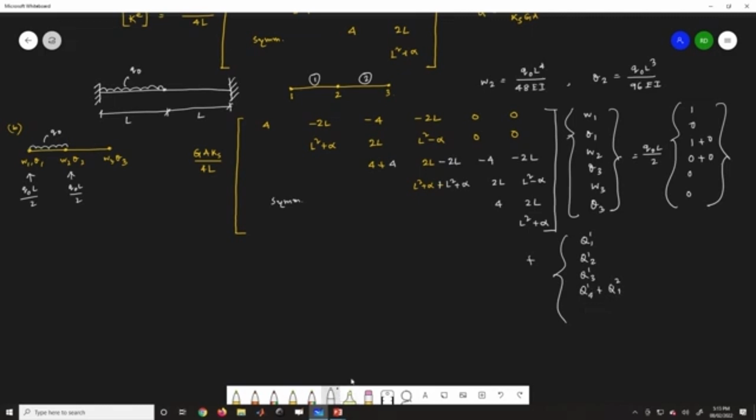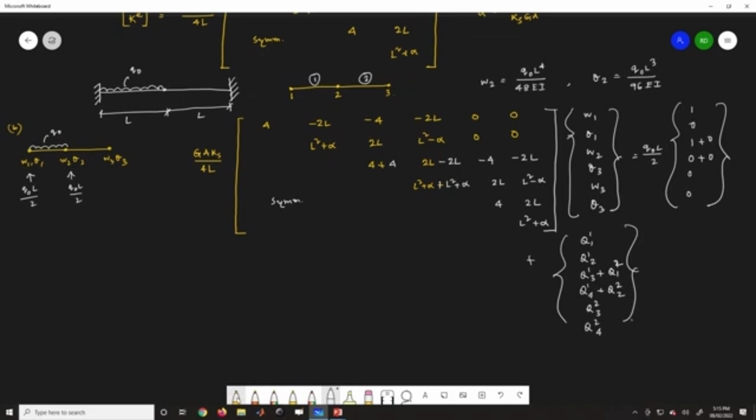This will be coming here. So this will be Q11, Q21 plus Q22, then Q23, Q24. So this is essentially the boundary condition term.